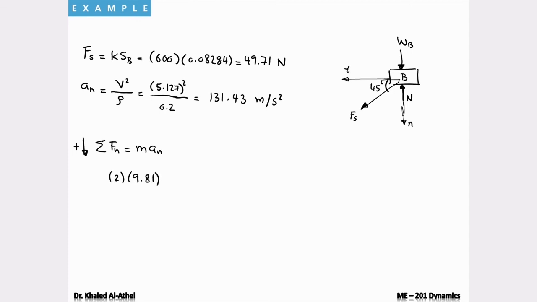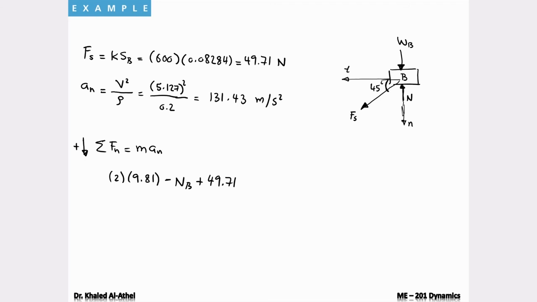I have the normal force, so I'm going to say minus NB because it is acting upward. And then the spring force will have a vertical component acting downward, so it's going to be plus the spring force, which we calculated, 49.71, and then the angle is the same.